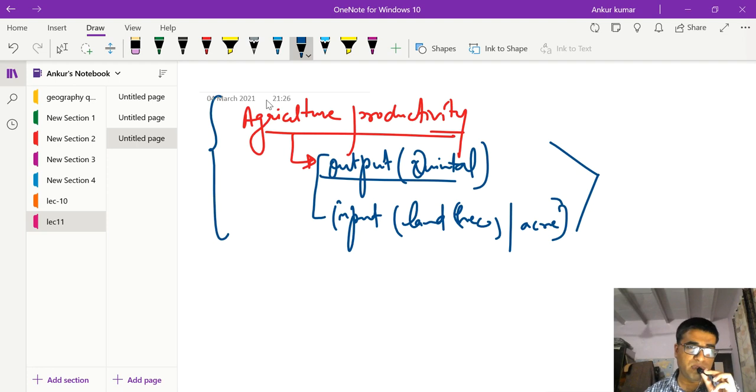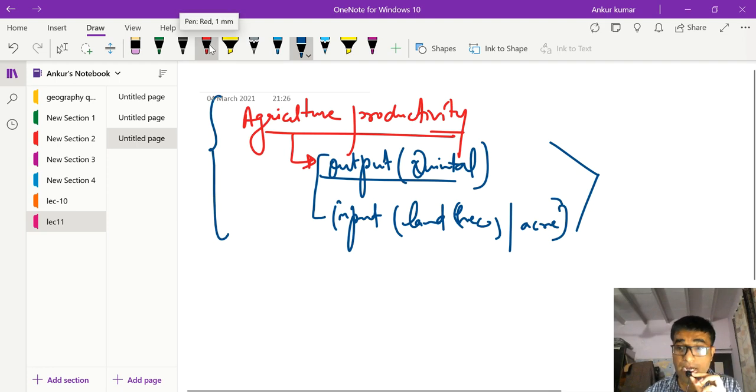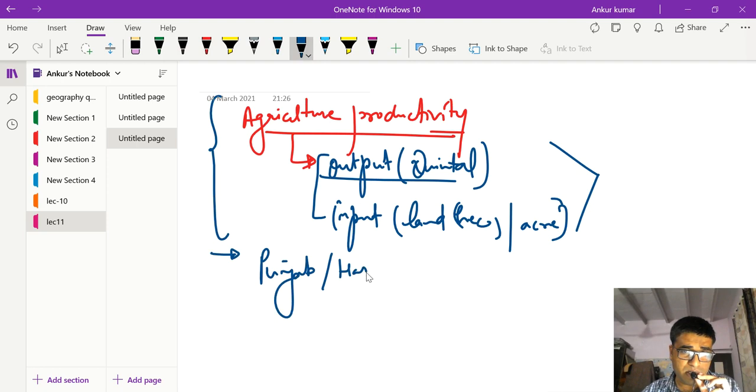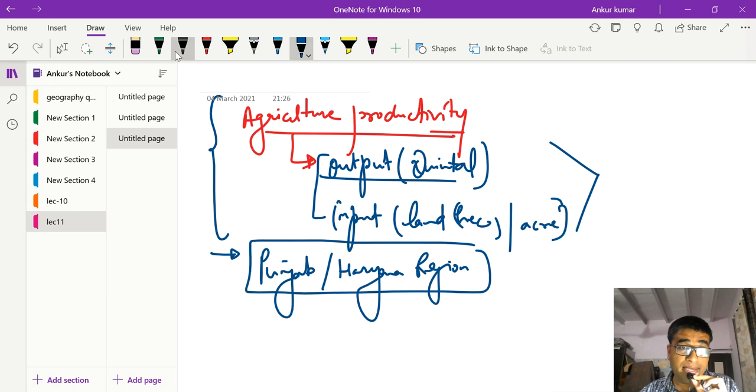But now comes the difference between agriculture efficiency and productivity. Let us take the example of the Punjab Haryana region. Agriculture productivity is very high.